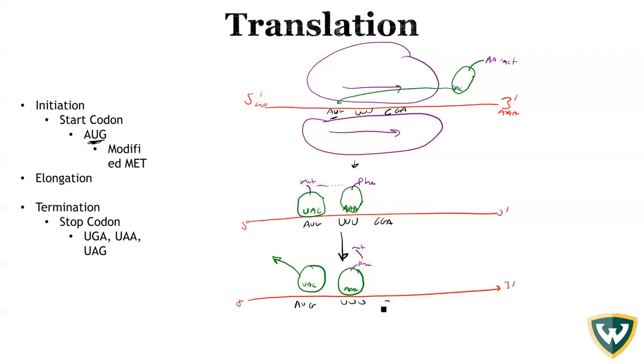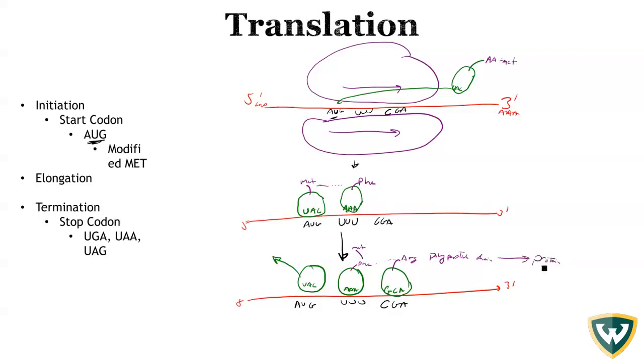And then this continues down CGA, and that'll look for a GCU tRNA, and that's attached to an arginine. And then that'll continue, and these two will eventually attach together, lengthening your polypeptide chain, which eventually becomes a protein.